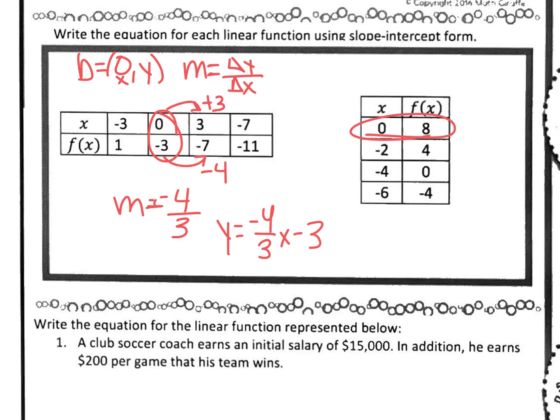Here is my b. And that one is going from 4 to 0 is -4. And from 2 to -4 is -2. So my slope, -4/-2, simplifies to a positive 2/1. That's what I was talking about earlier with the negative and the negative. So this is going to be y equals 2x plus 8.